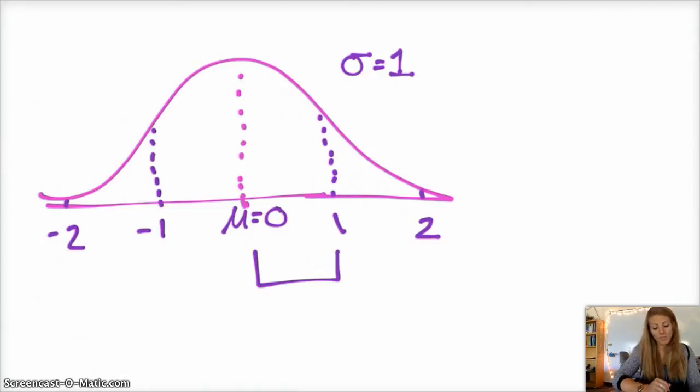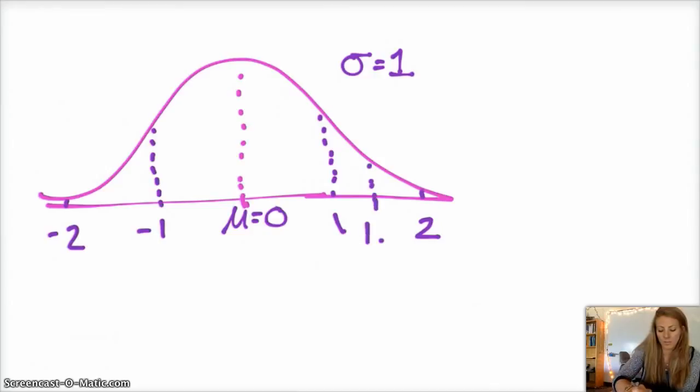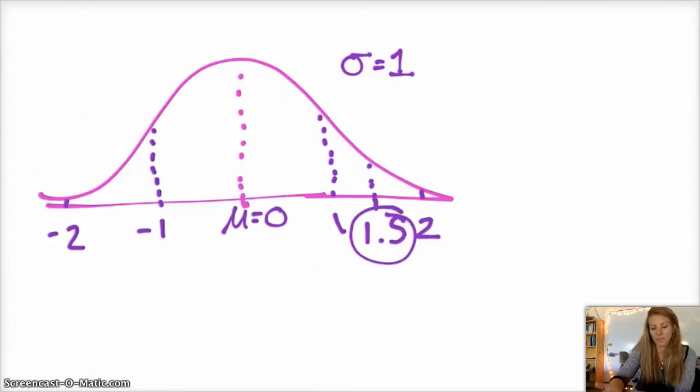The other nice thing is that on this x-axis, the 0 and the 1 and the 2 correspond to the number of standard deviations away from the mean a certain x value is. So if your x value is 1.5, this particular value is 1.5 standard deviations away from the mean. So it's just really simple.